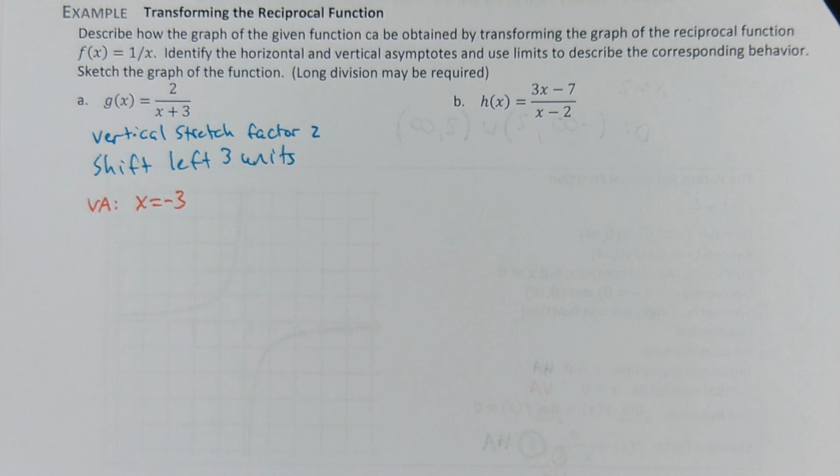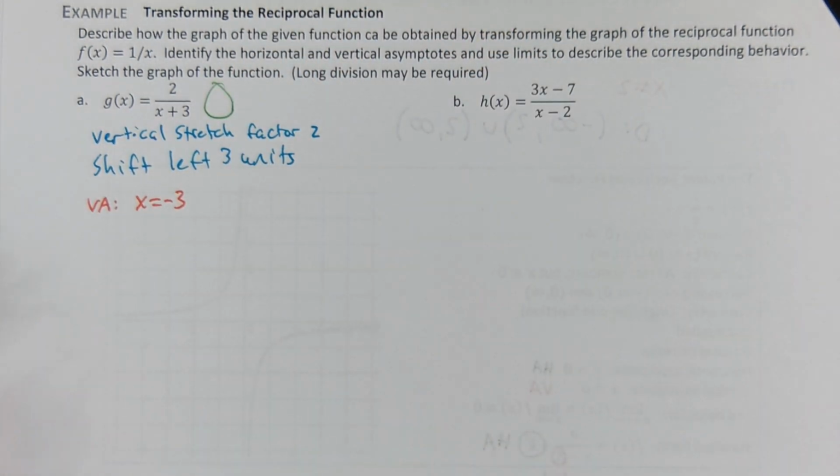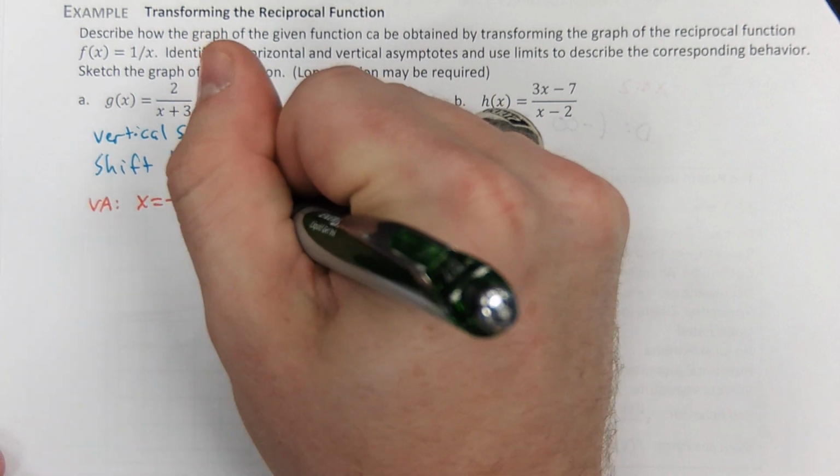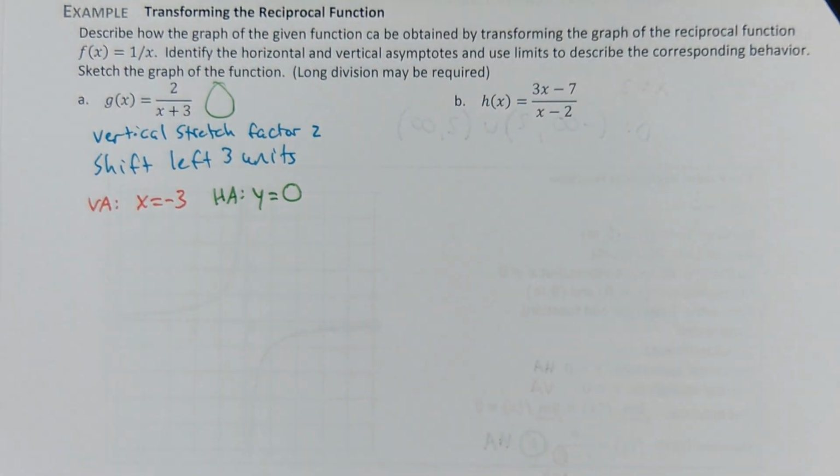It should have been at x equals 0. It's been shifted left, so now it's at x equals negative 3. There was no vertical shifting. That means my horizontal asymptote is still the x-axis, or y equals 0. And you do have to say x equals or y equals. If you don't, it is going to be wrong.